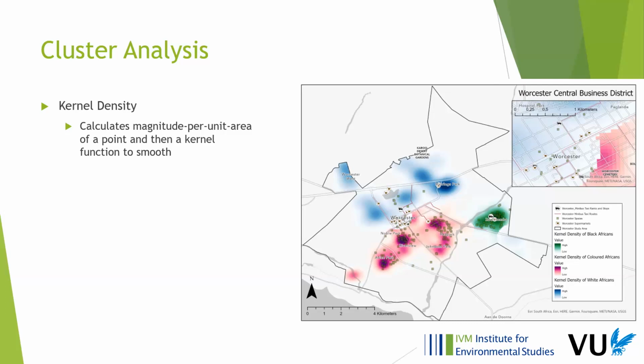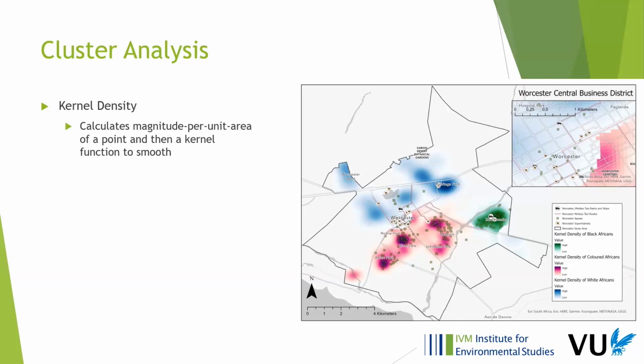So here's an example of the kernel density maps for racial demographics in this particular community in Worcester. As we can see, this is in South Africa again, and we're still seeing the legacy of post-apartheid, where the neighborhoods are highly segregated by race, where the green represents the Black Africans, the purple and pink area represents the colored Africans, and the blue area represents white Africans.